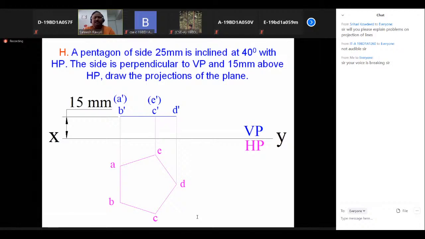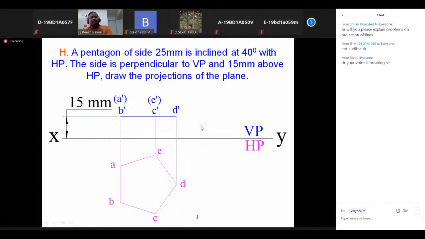The other position is that the side is perpendicular to VP and 15 mm above the HP. Draw the projections of the plane, right?